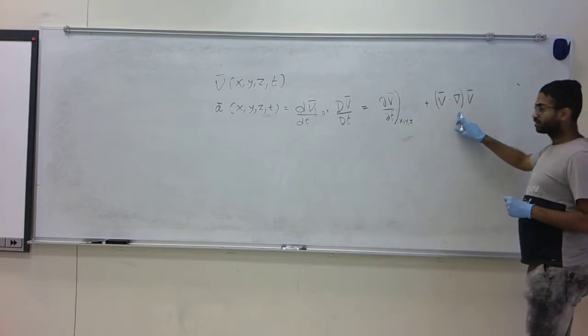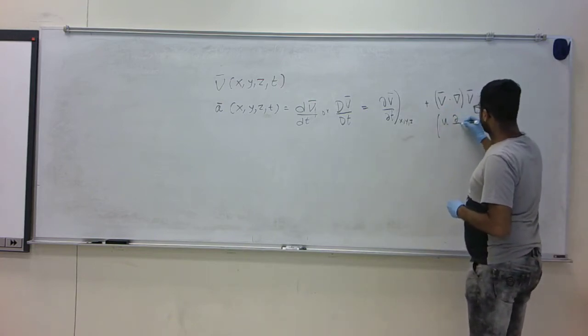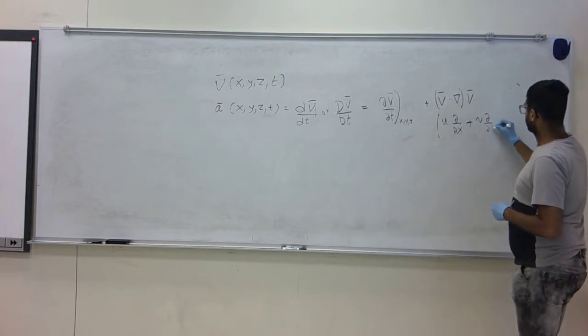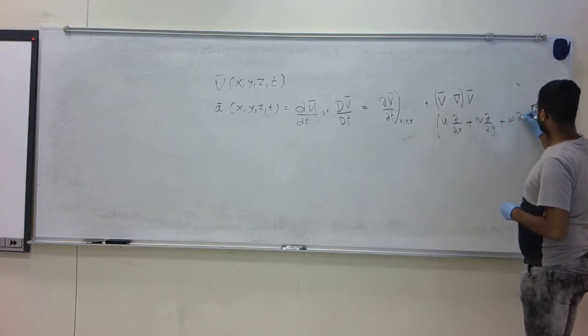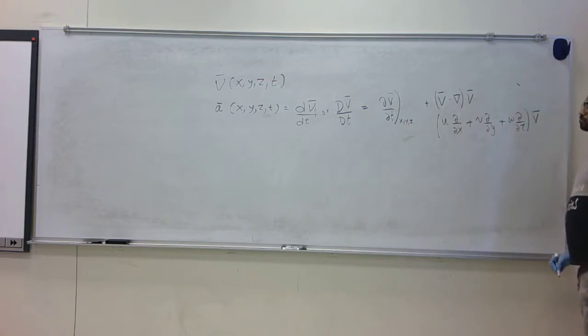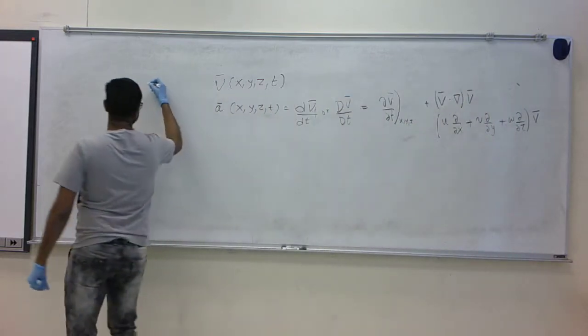V dot del is an operator which is u partial x plus v partial y plus w partial z of the vector v. So this is the velocity and the acceleration field.